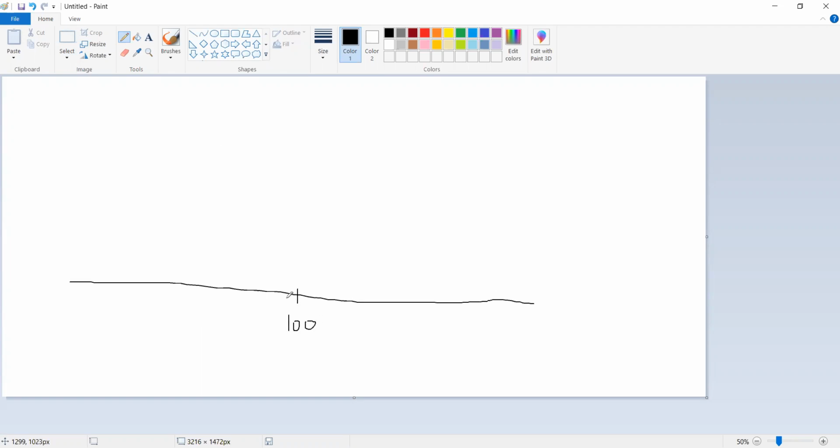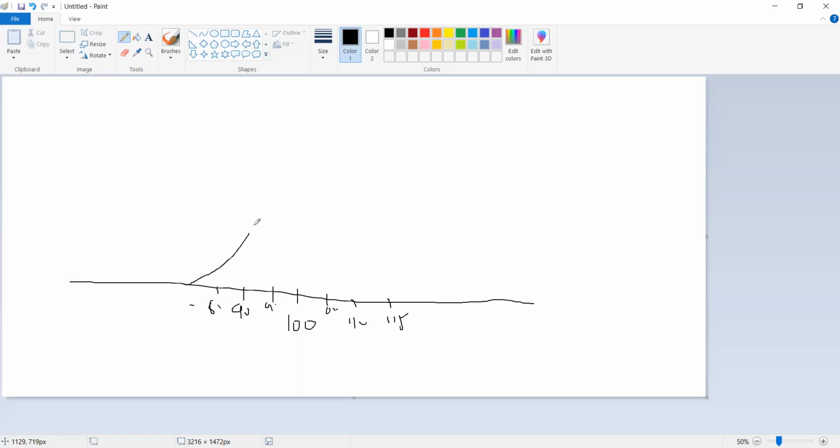Standard deviation is 5. So you have standard deviation 5 here, which means 95, 105. Then you have 90, 110. Then 115, 85, and so on, right?